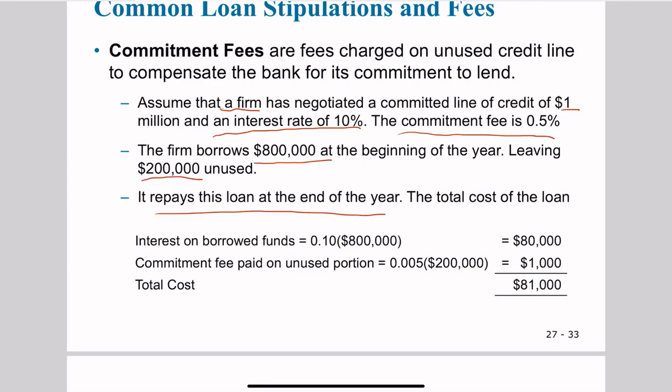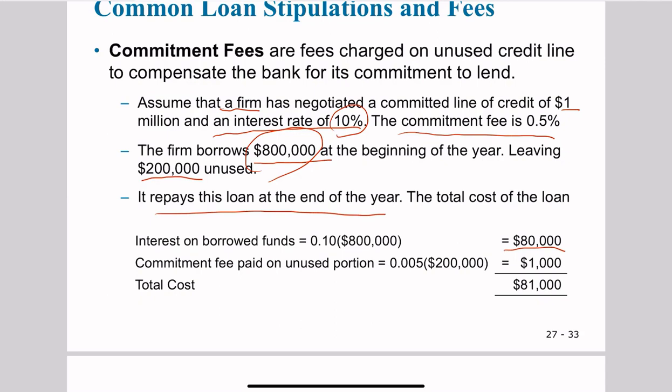So the total cost of the loan is basically two parts. First, the interest charges, and we know that the interest rate is 10%, and the firm borrows $800,000. So the interest charge would be $800,000 times 10%, which gives us $80,000. And then, in addition to this interest charge, the firm will have to pay the commitment fee.